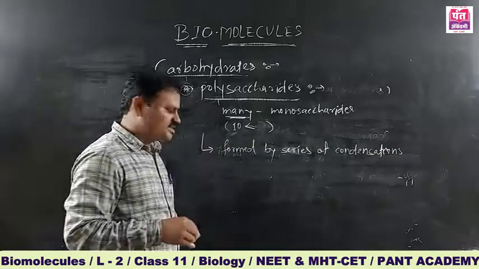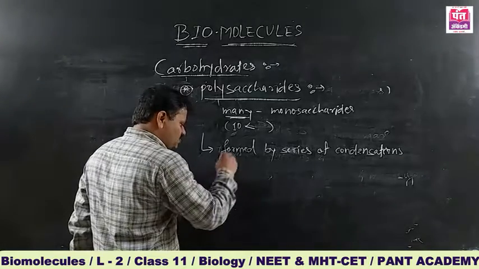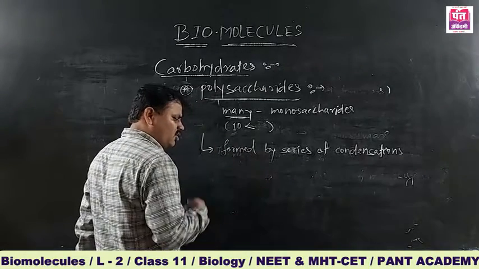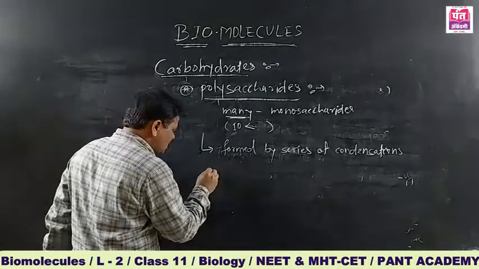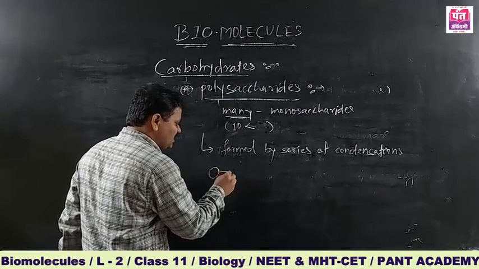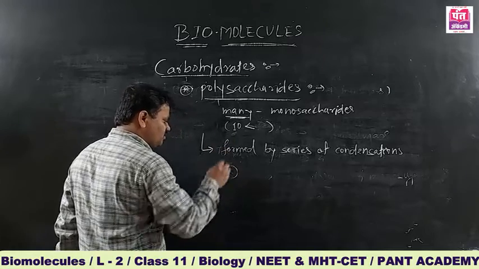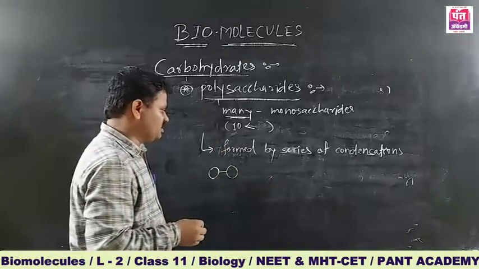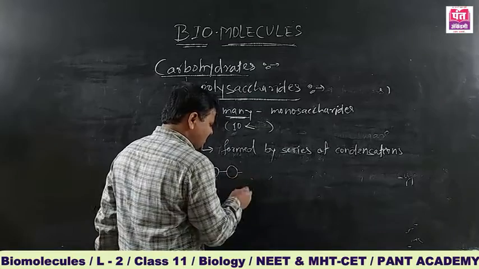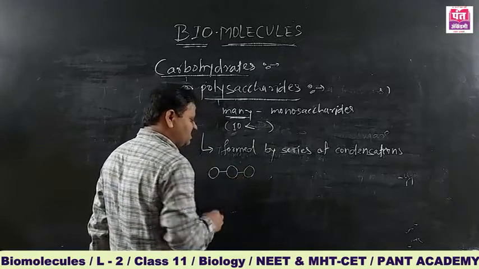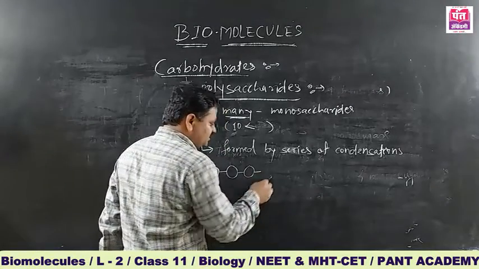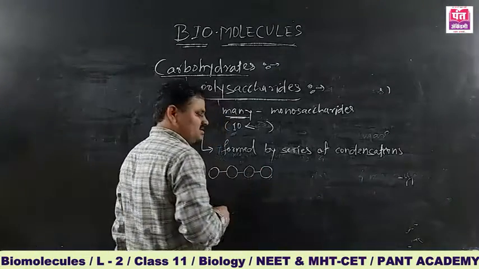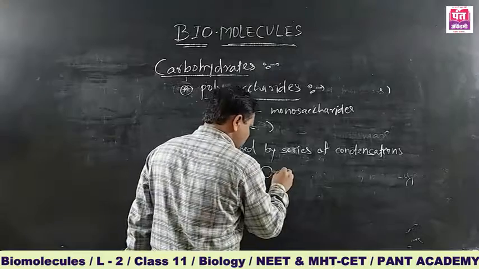Or you can say serial addition, or formation of bonds between the monosaccharides. Suppose one monosaccharide condensed with another, it becomes a disaccharide. Disaccharide condensed with one more monosaccharide becomes a trisaccharide. Trisaccharide with one more, tetrasaccharide.